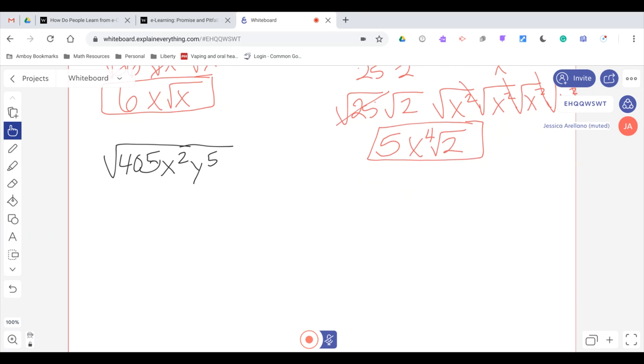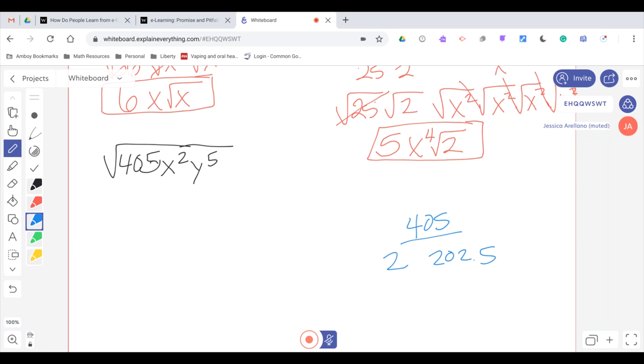Okay. All right, this last one. I'm first going to try to figure out what goes into 405. So let's see, 405, just to give me a start, if I divide it by 2, I get 202.5. So I need to be lower than 202.5. I'm looking at my list of square numbers.